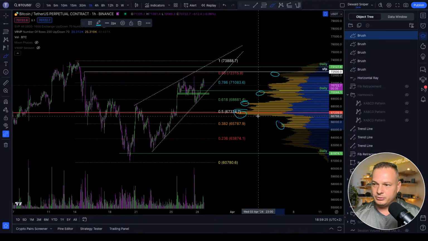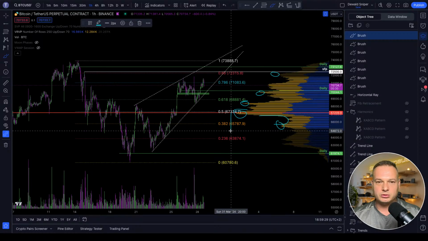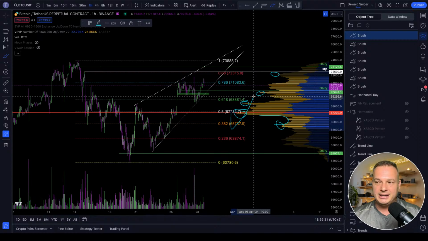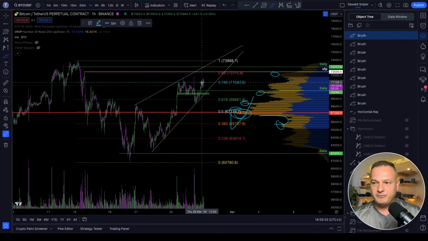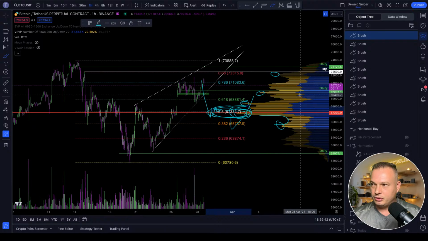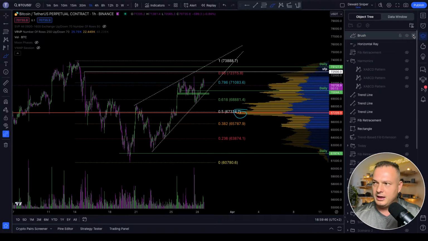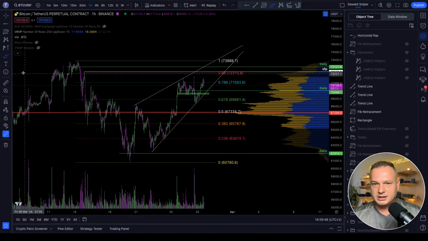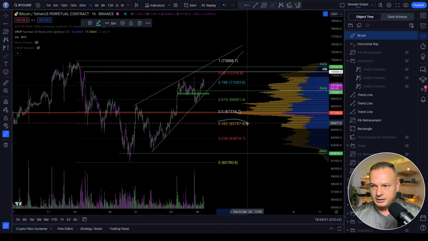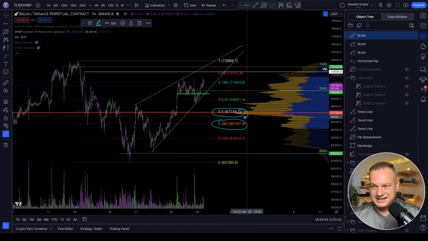And usually when volume dries out like this, you will often find that price just falls through it or breaks through it very easily. And when there's high volume, if price had to come back down here, it's going to struggle to break through this 50% fib level. Okay, it's because of this extreme high volume node over here. And that's why I also mentioned during my YouTube update this morning that although the target for this harmonic is here, I will start taking profits over here already because of this insane volume.